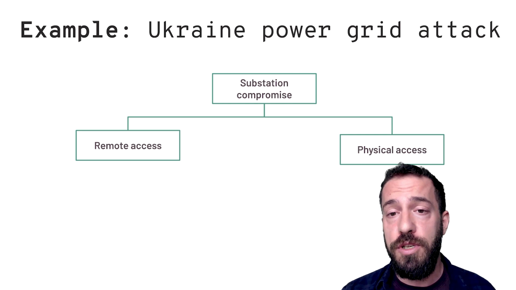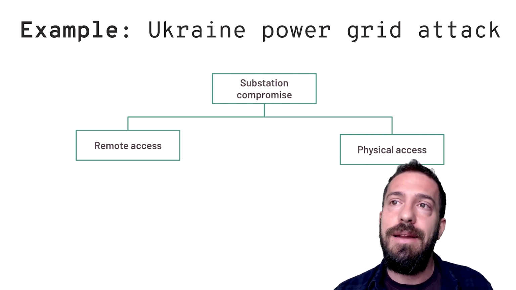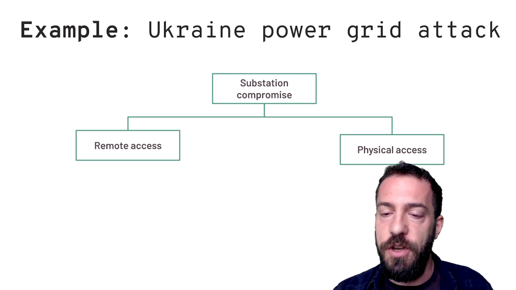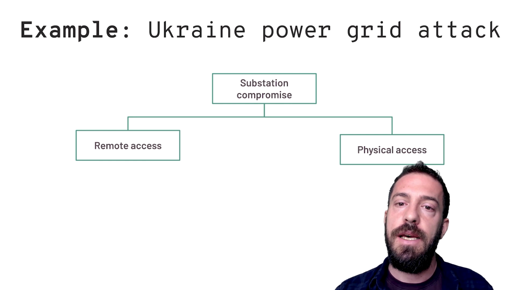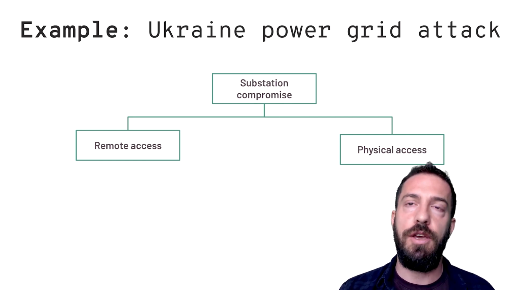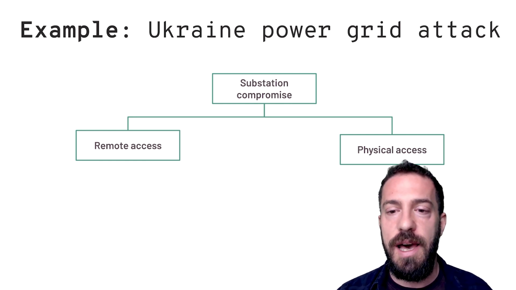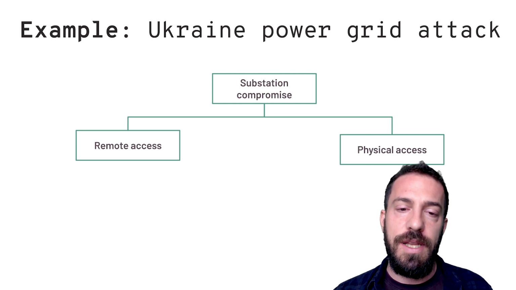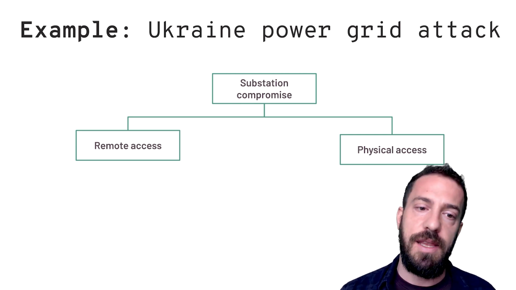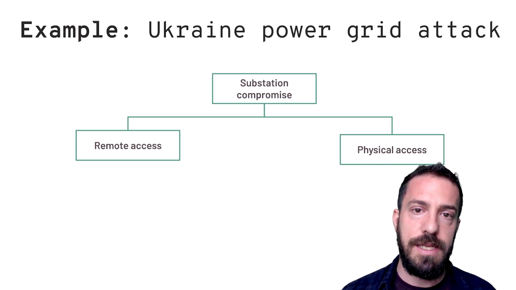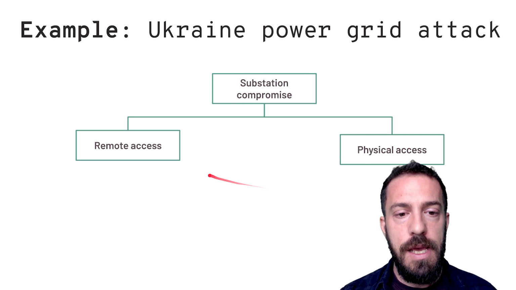And they're both possible threats, and it really depends on the adversary's capabilities, and also on the utility side, on how much security they have in their premises, to understand what is the best way for the attacker to compromise the substations. So let's focus on the remote part.